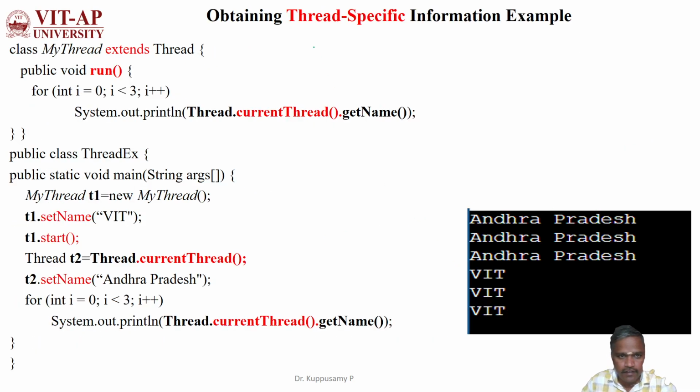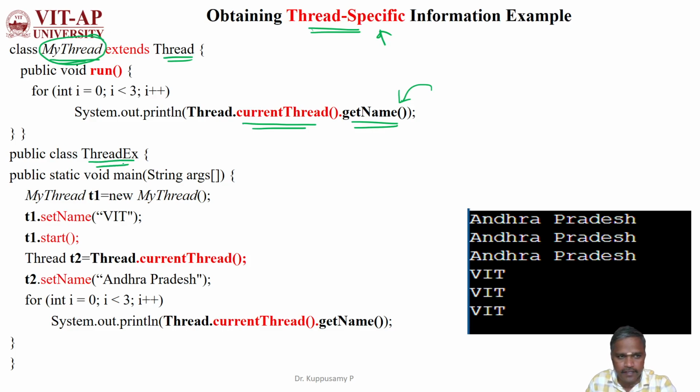And how do we obtain specific thread information? By using the Thread.currentThread method and getting the name of that thread, using the getName method, we can identify the specific information about that particular thread. As usual, I am defining the class by extending the Thread class, which has the capability to perform the threading operations in the multi-threading concept.